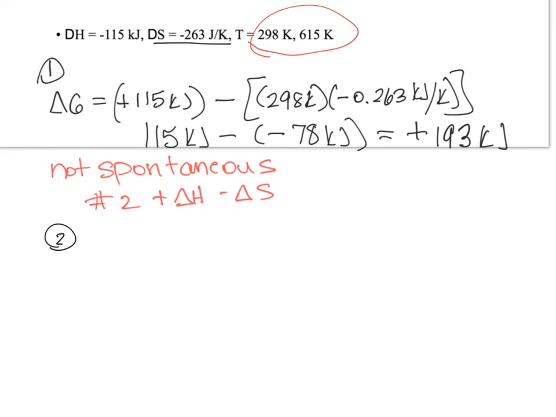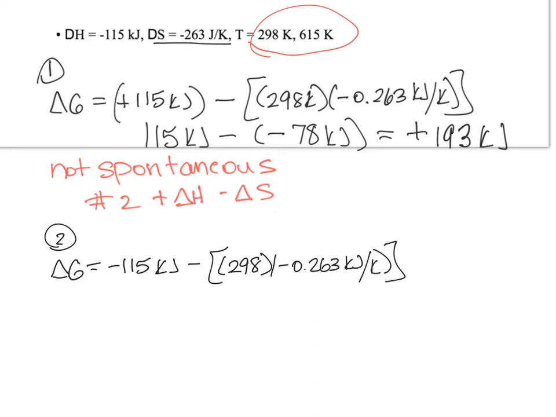So we're going to look at the effect at 2 different temperatures. Delta G is equal to negative 115 kilojoules minus, and then in brackets, 298 times a negative 0.263 kilojoules per Kelvin.